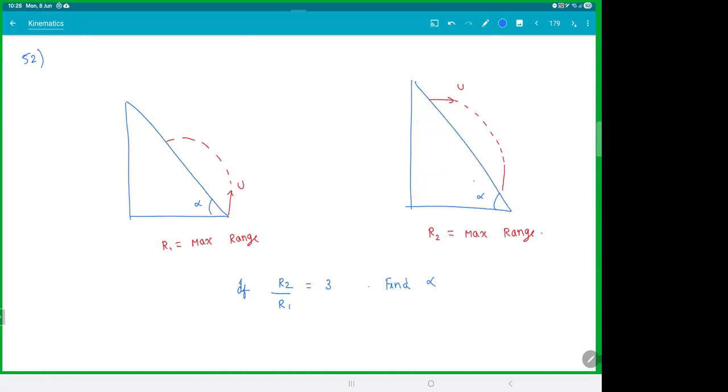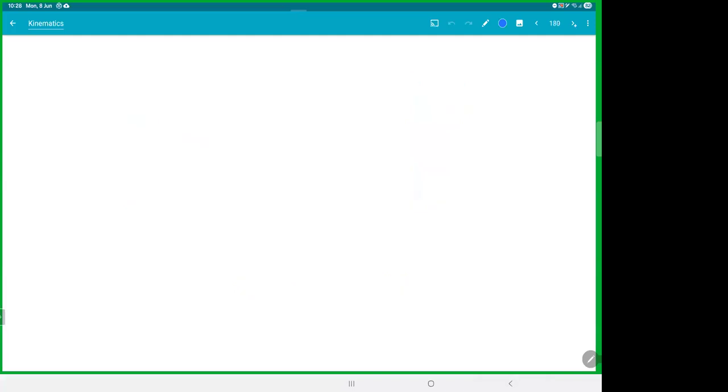Okay, let's see. Yeah, 30 is an answer. So straightforward. When you're throwing it, R1 is u square by g, 1 plus sin alpha. This is your R1 max, and this is your R2 max, which is u square by g, 1 minus sin alpha.